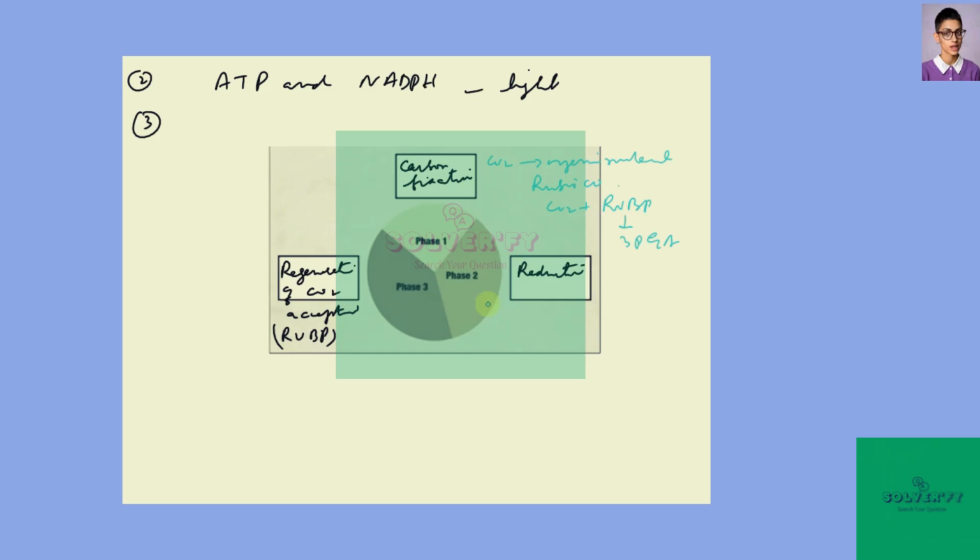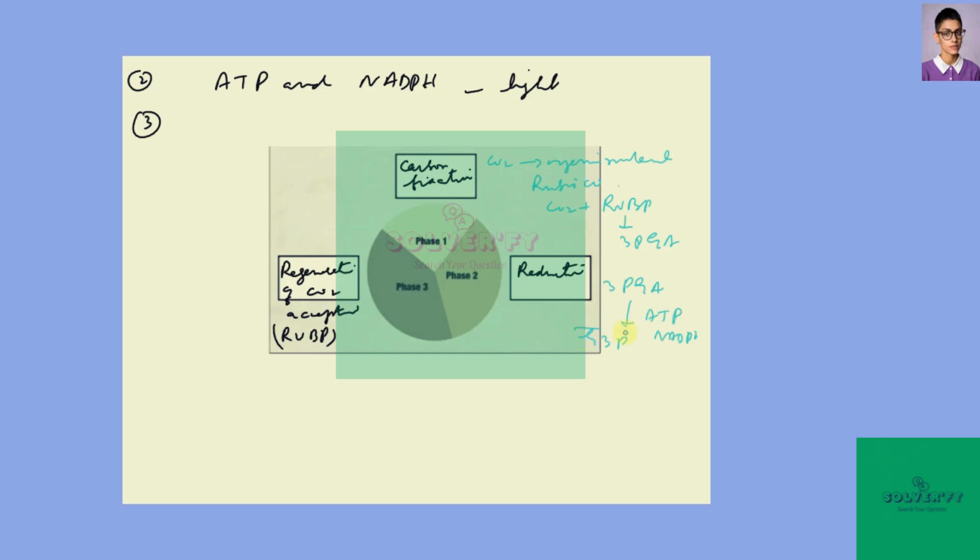While in phase 2, which is reduction, the 3-phosphoglyceric acid molecules are reduced to glyceraldehyde 3-phosphate using energy from ATP and electrons from NADPH.